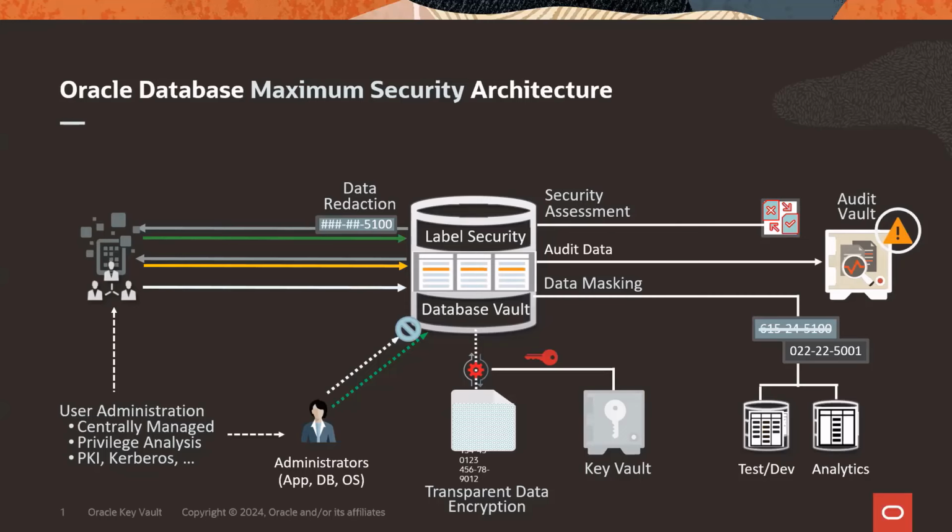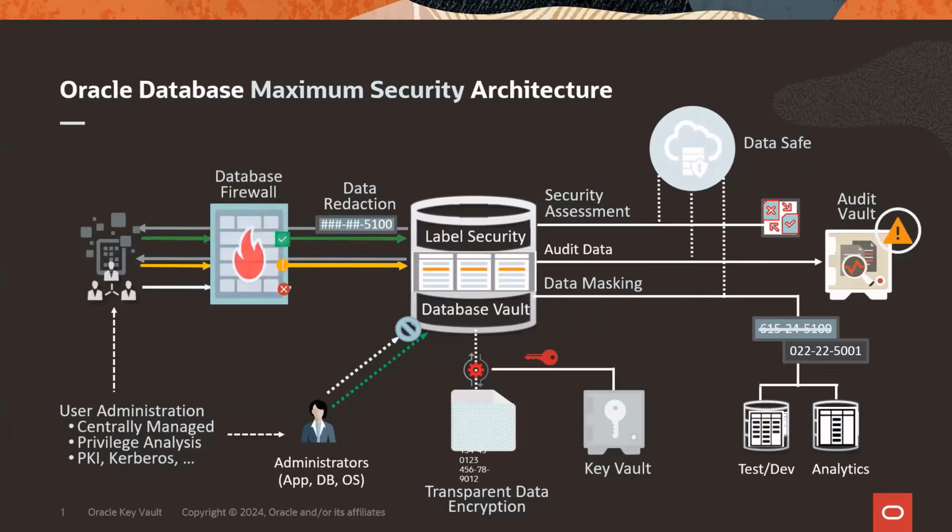The security assessment, we just heard about it. And then we have DataSafe, which is our cloud offering. And as far as I know, that can even connect to your on-premise databases and validate that everything is in good shape from a security perspective. And then we have Database Firewall, which protects you from SQL injection attacks.